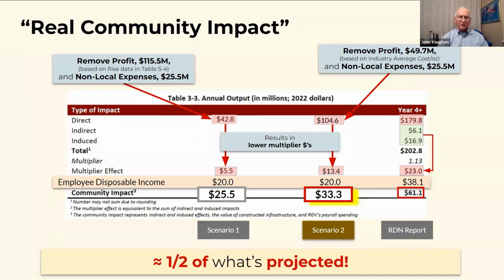Using $1,200 an ounce, annual expenses are almost double what RISE claims, and profits are cut in half. Smaller profits plus the out-of-county supplier expenditures changes the multiplier effect to $13.4 million. Employee disposable income stays the same, leaving a real community impact of about 33 million in this scenario.